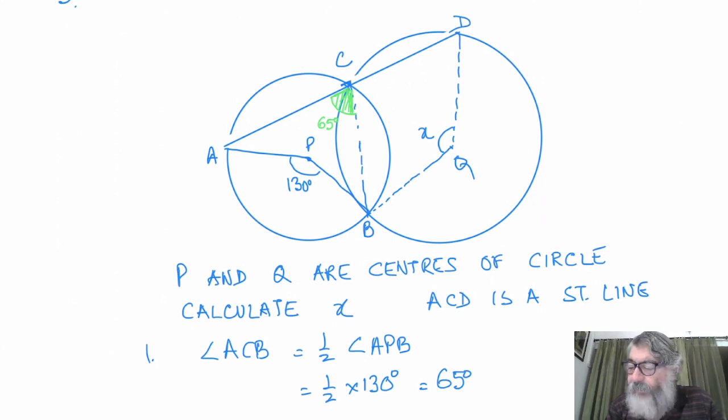In this figure you see the arc AB, not ACB. I am talking about the arc AB. Arc AB subtends angle APB at the center, which is 130 degrees. The same arc AB subtends angle ACB at the remaining part of the circumference, which is 65 degrees, half of that. Angle at the center is double, angle at the circumference is half.